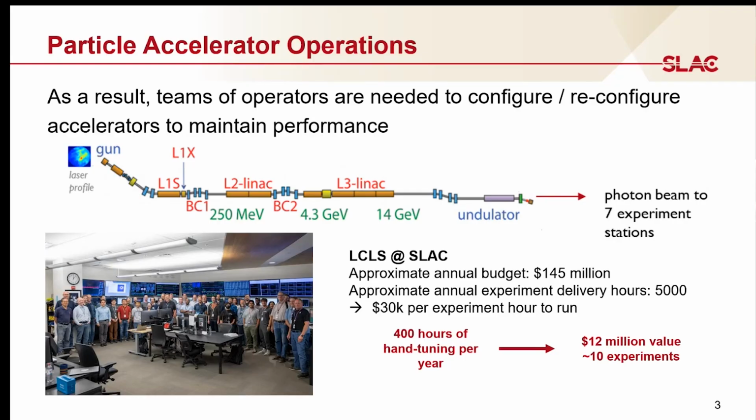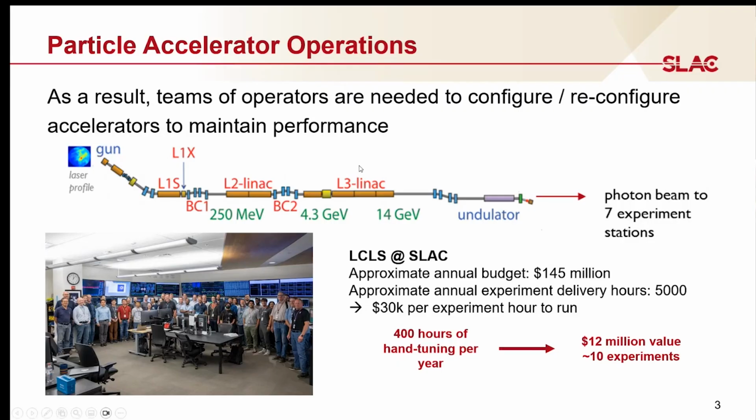This is adjusting accelerator parameters such that we transport the beam through the accelerator, and the beam quality is maintained throughout in order to deliver photons to our users. So essentially, this equates to on the order of $12 million of lost science that we could be using for experimental purposes.